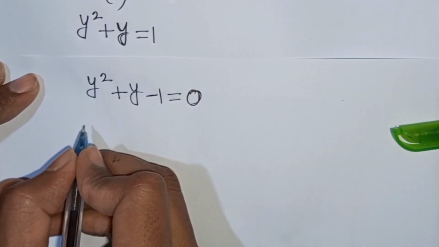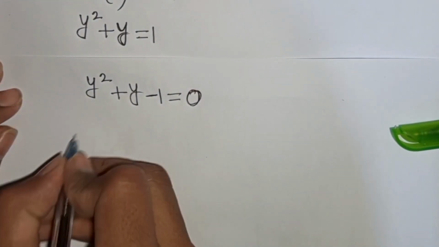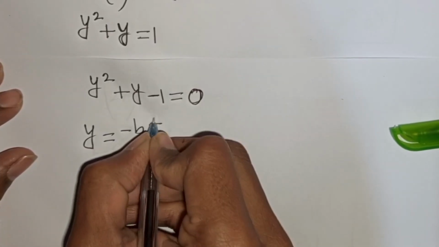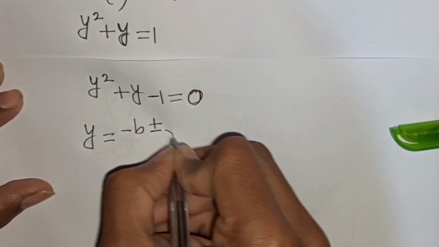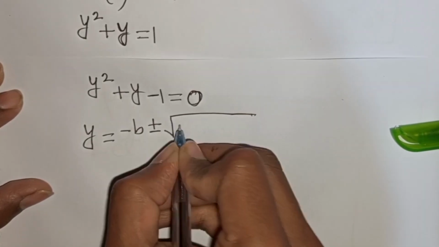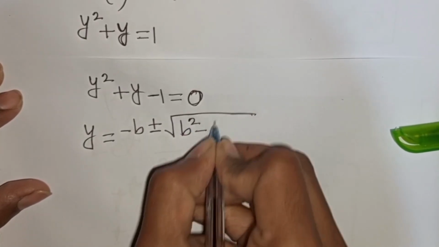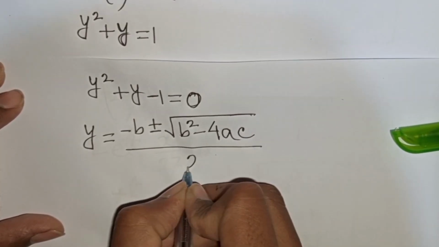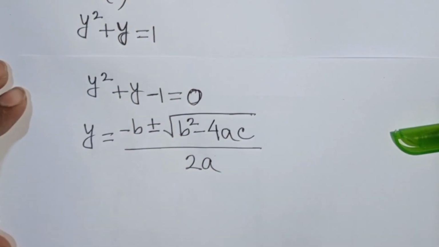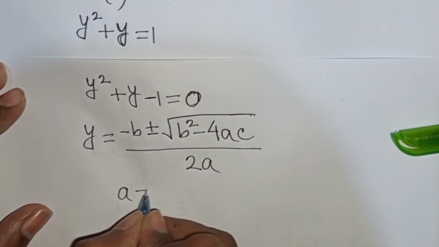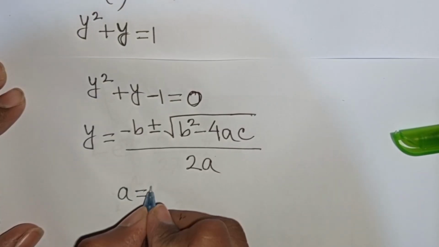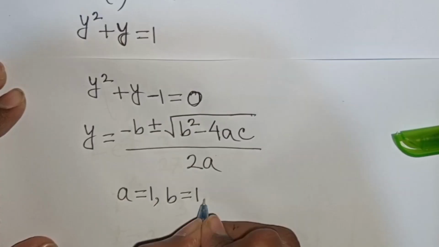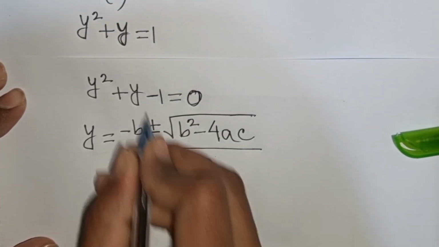Now here you can apply the quadratic formula. So you can write here y is equal to minus b plus or minus square root of b square minus 4ac, divided by 2a. Here a will be equal to 1, then b will be equal to 1, after that c will be equal to minus 1.